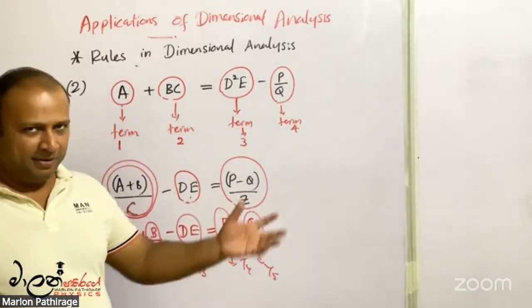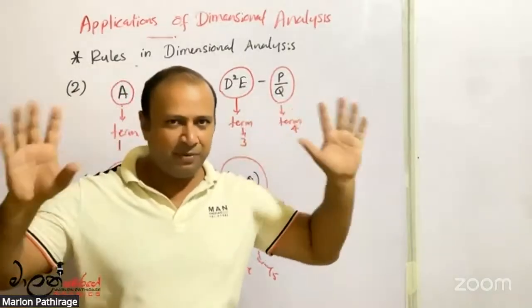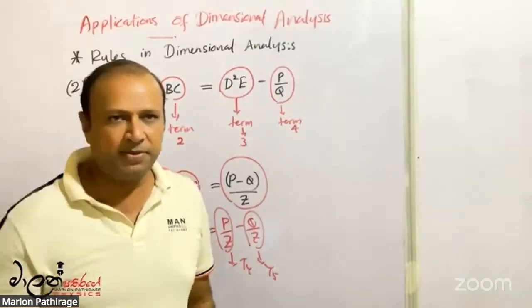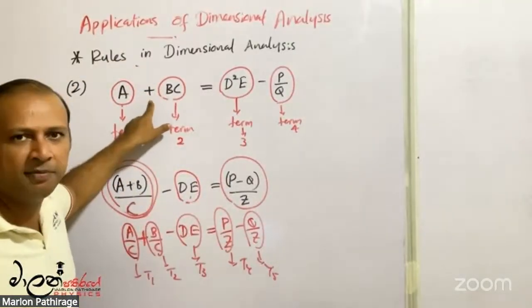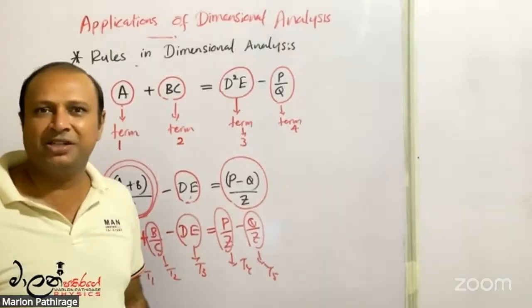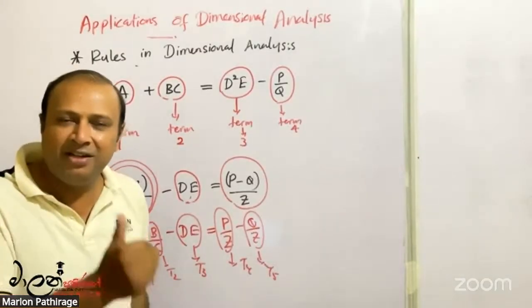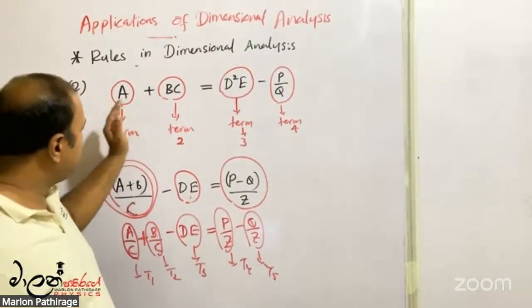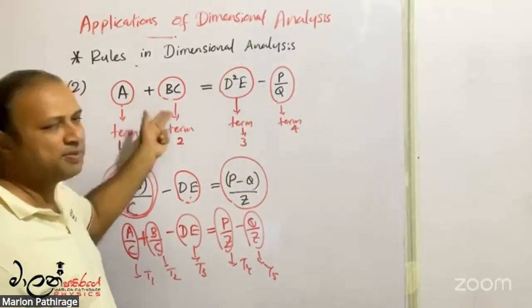You know, everyone, please listen to me very carefully. This is the most important thing. According to our definition, two terms are separated by addition or subtraction. Is that clear?